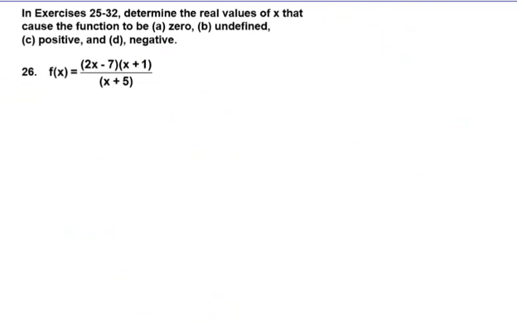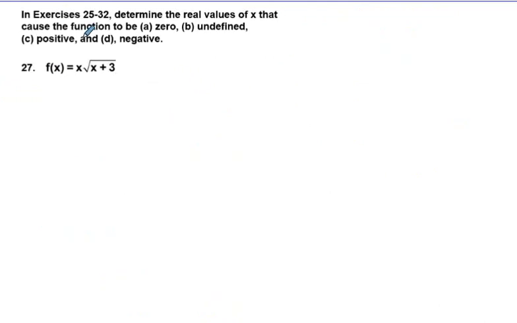Next, I'm going to go to the odd number problem 27. Here we have f of x equals x times the square root of quantity x plus 3. Well, to find the critical numbers, we can take x times square root of quantity x plus 3 and set that equal to 0. So we have x is equal to 0, and we also have this square root of quantity x plus 3 is equal to 0.